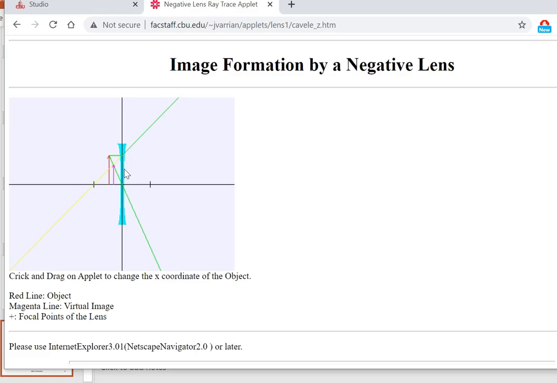So that was a definite difference in the image type. But a single negative lens always does the same thing, meaning that it always forms a not inverted, or upright, virtual image in between the object and the lens. And it is impossible for a single negative lens to form a real image. It just can't do it. Okay, so keep that in mind also.